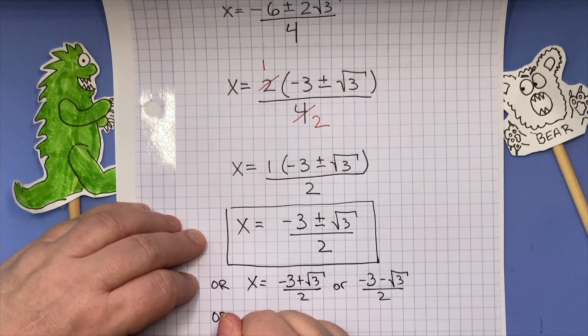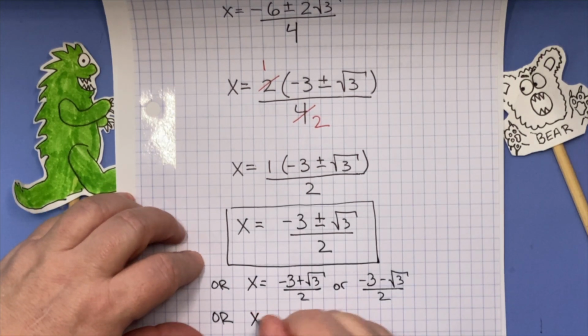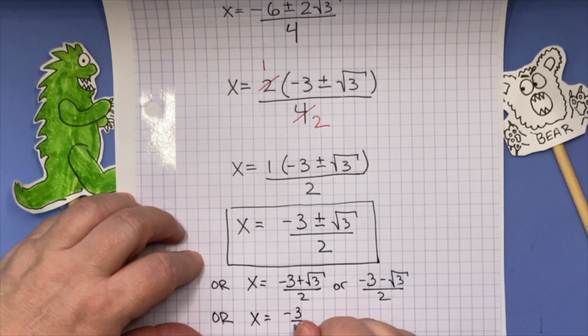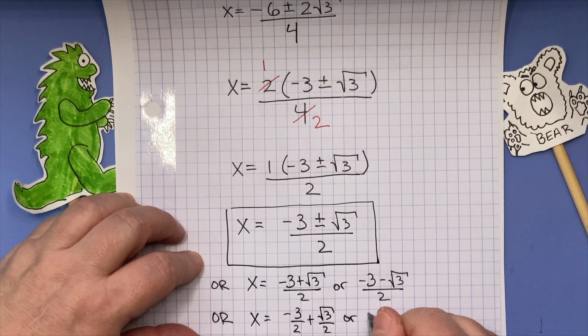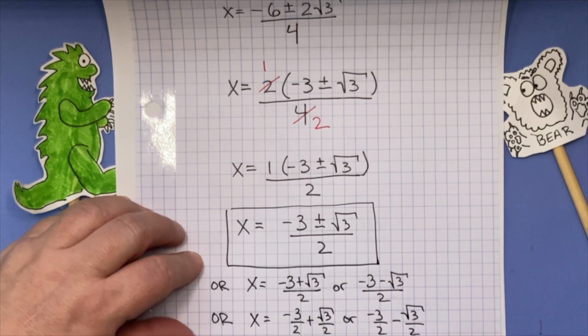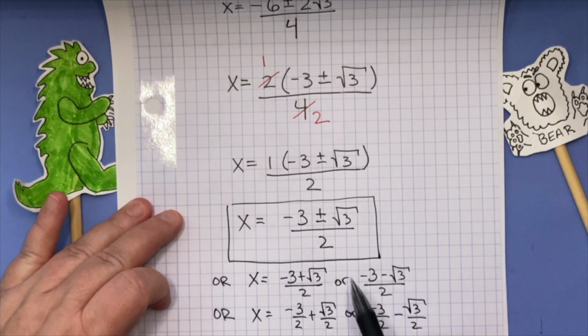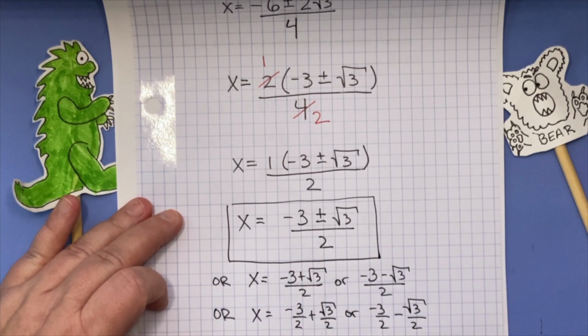Or it's even possible that someone wants you to split them up more. You can write -3 halves plus radical 3 over 2, or -3 halves minus radical 3 over 2. These are both alternate solutions. But this is it. That's your answer.